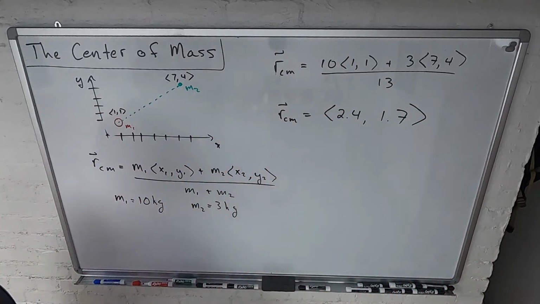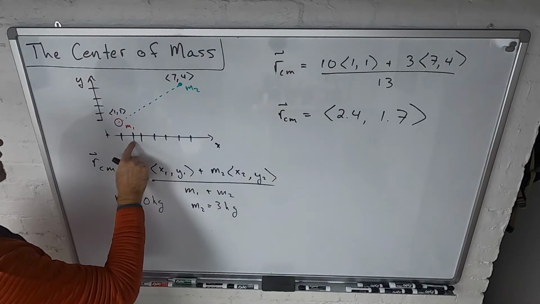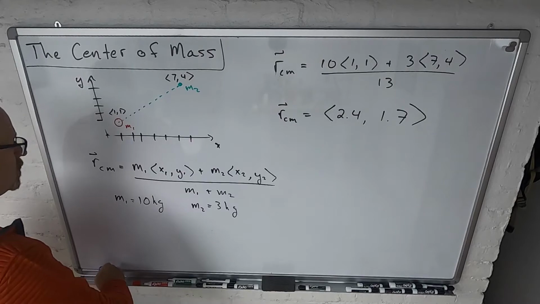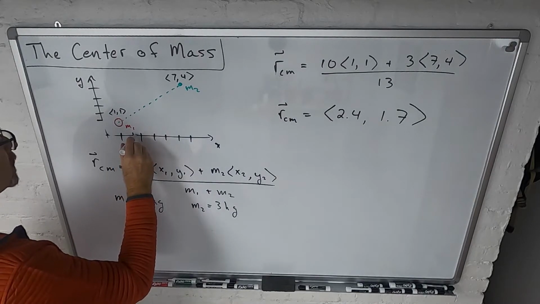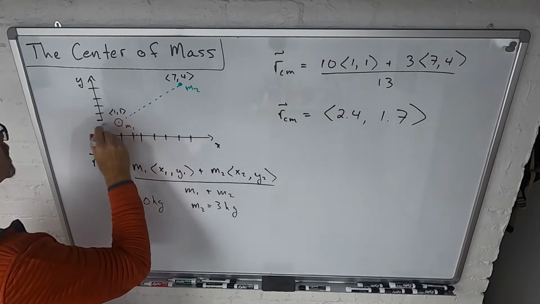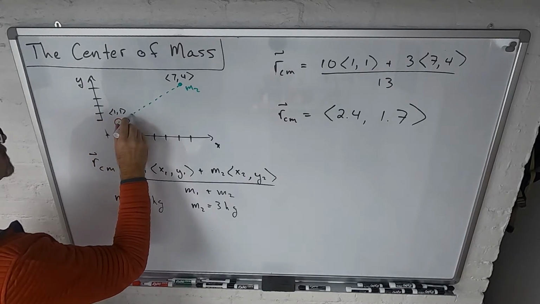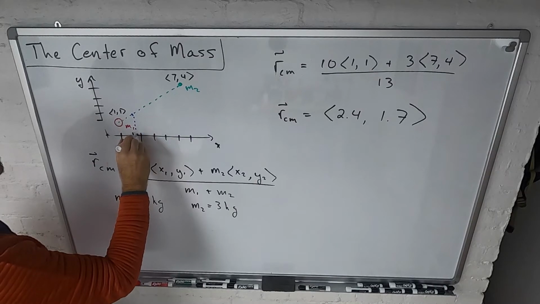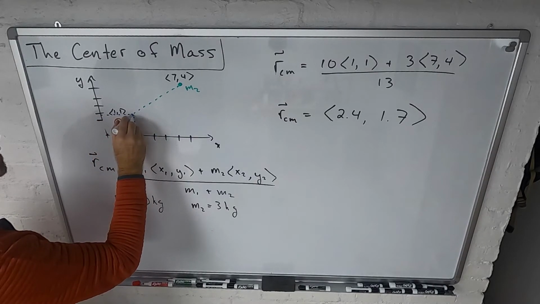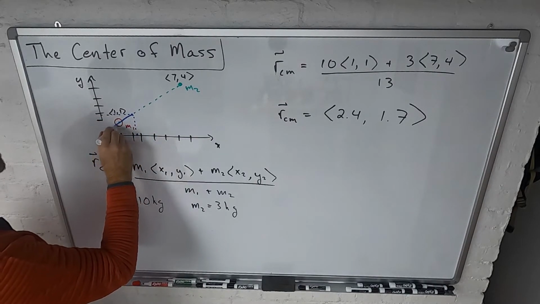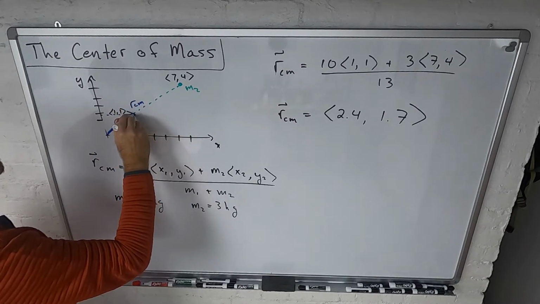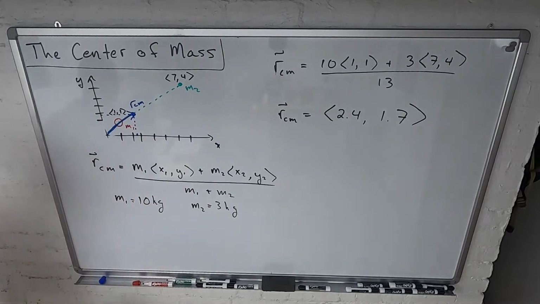And in my coordinates, so 2.4, it's about right here, and it should be 1.7. So it's along the line that connects their centers. So our center of mass is this vector here, and it's at this point along the value there.